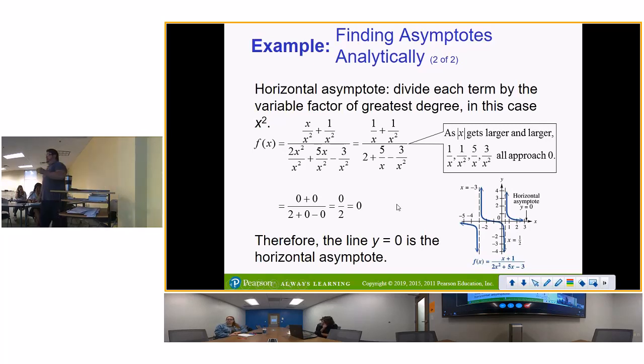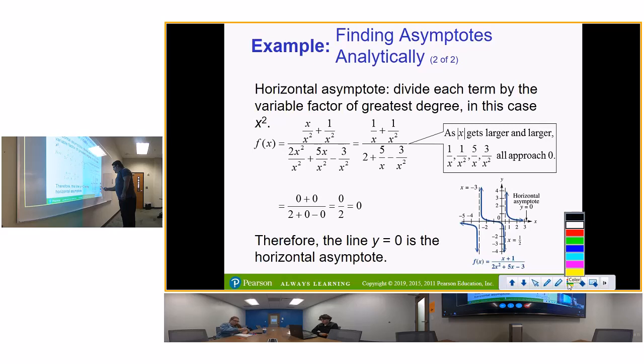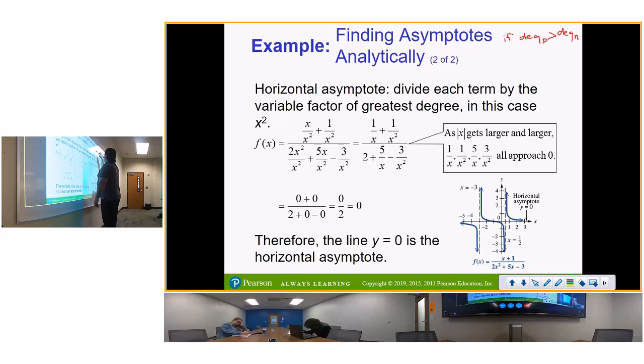If the degree of the denominator is greater than the degree of the numerator, write that down. This is in red. If the degree of the denominator is greater than the degree of the numerator, your horizontal asymptote is going to be y is equal to 0.